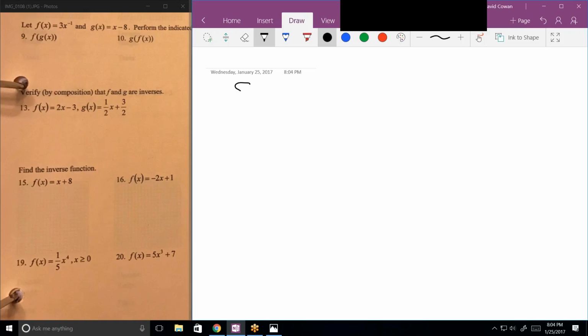So weird. Let's see what f of g of x is. What's the first thing I should write? F of what? So we would do 1/2 x plus 3/2.